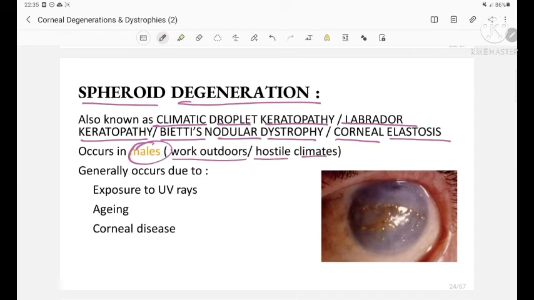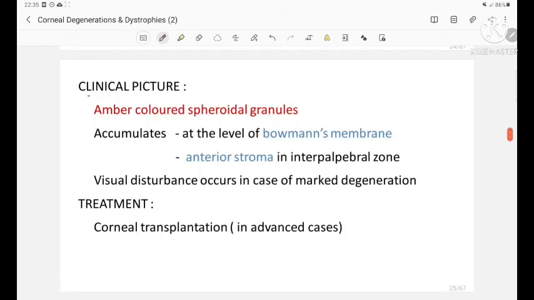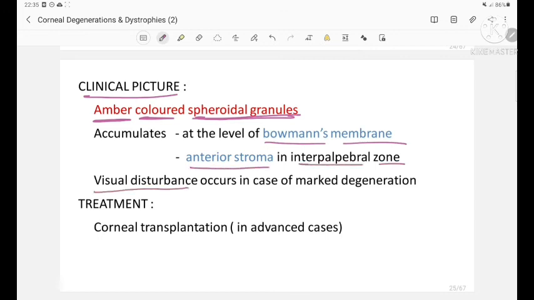This generally occurs due to exposure to UV rays, aging, and because of any underlying corneal disease. Clinical picture: there is presence of amber colored spheroidal granules which accumulate at the level of Bowman's membrane and anterior stroma in the interpalpebral zone. Visual disturbance occurs in case of marked degeneration, and the treatment for which is corneal transplantation in advanced cases.